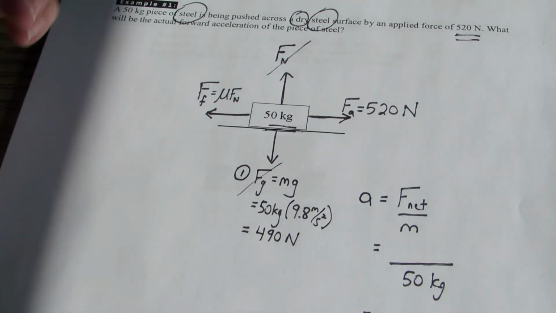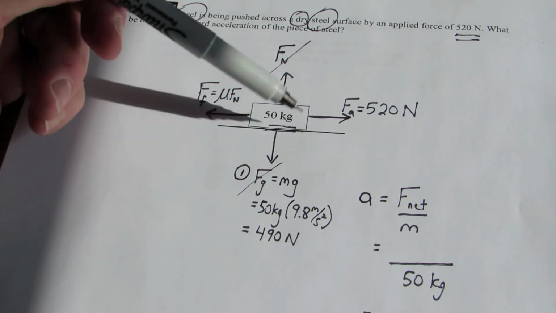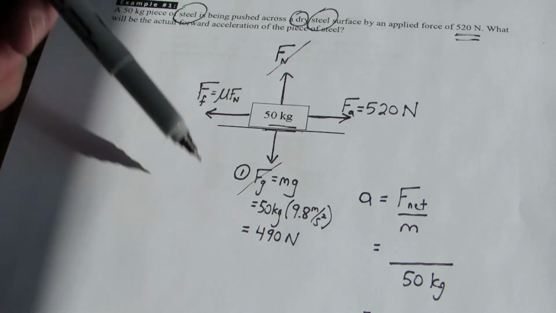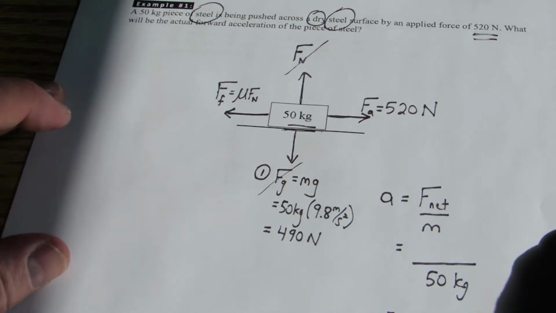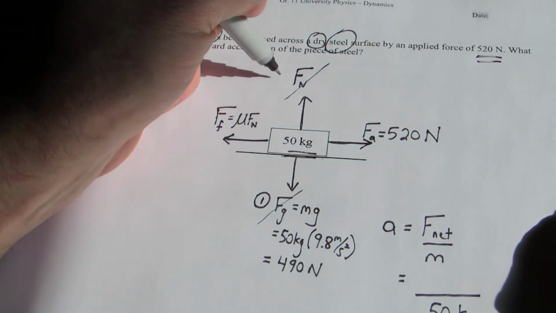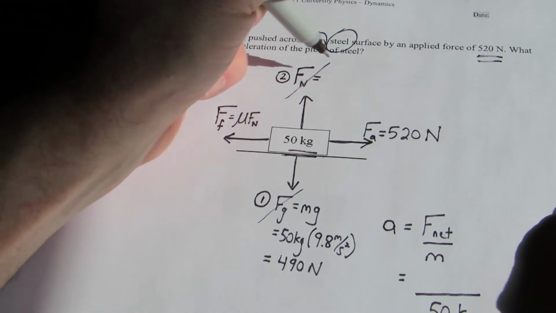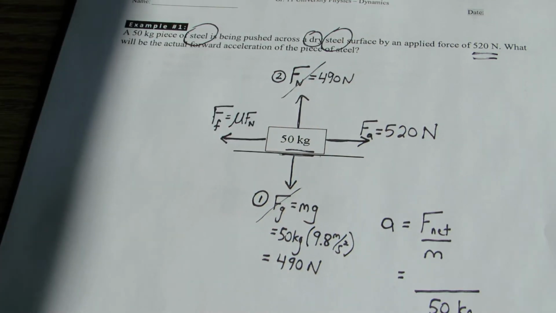Now you make the connection and you say, well, if there's 490 newtons down, that's got to be canceled. Because if it's not canceled, there's going to be some acceleration in a downward direction. And of course there isn't. There's a surface underneath this mass. So you make the connection. This is step number 2. Without a formula, you make the connection that the normal force has to be 490 because they cancel each other out.